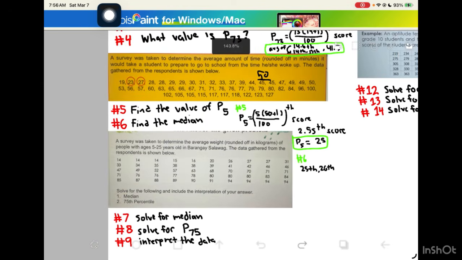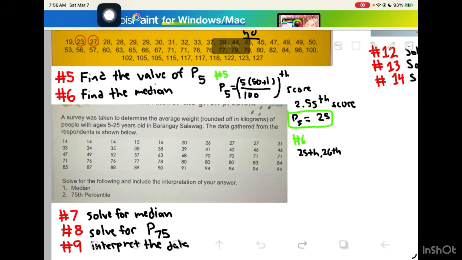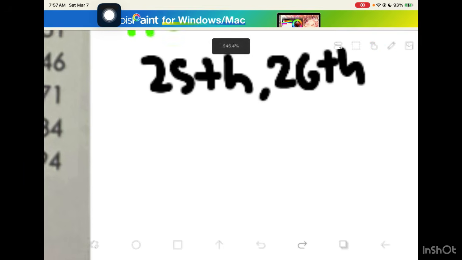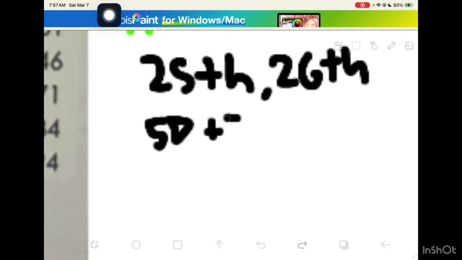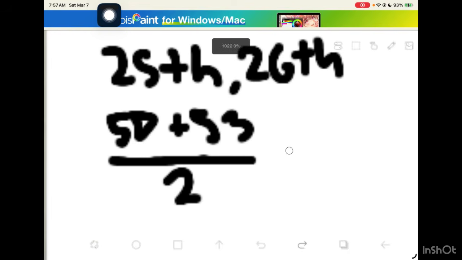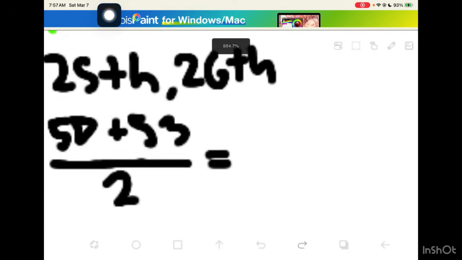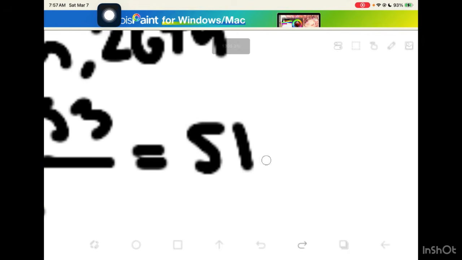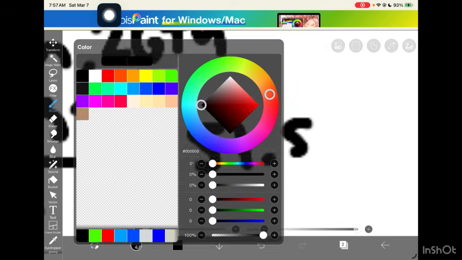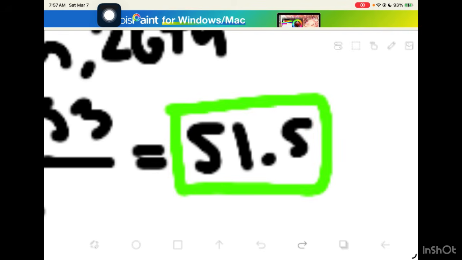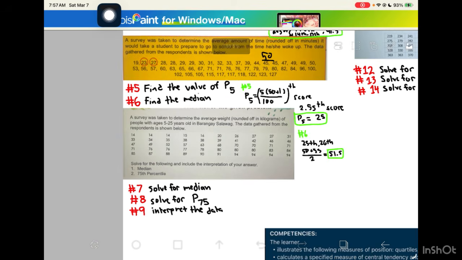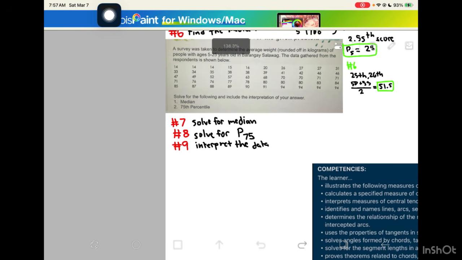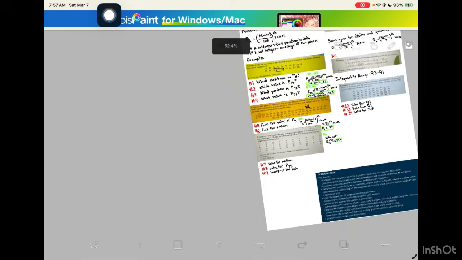So therefore 50 plus 53 over 2 is equal to 51.5, and that's our answer. Alright, let's keep practicing.